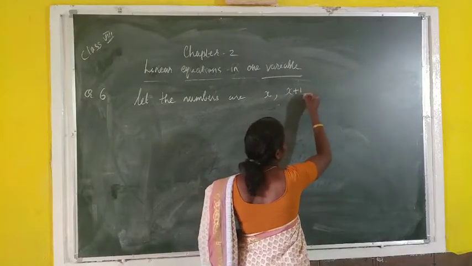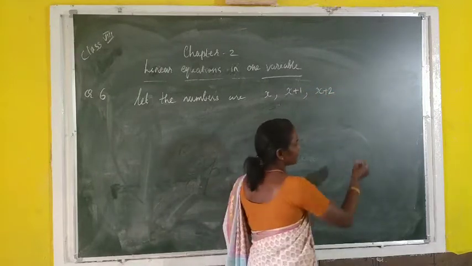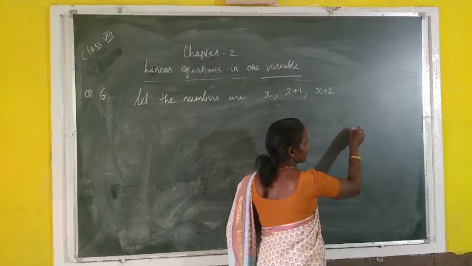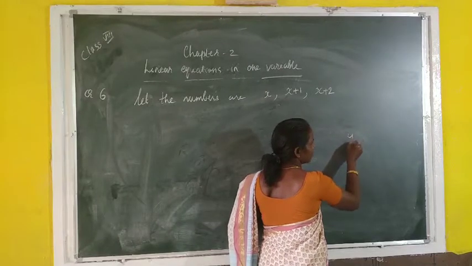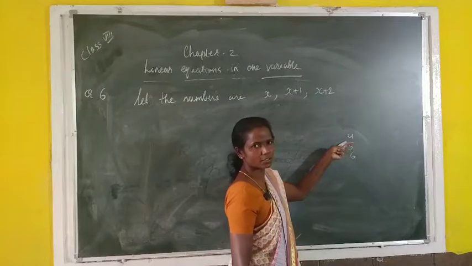Then third number x plus 2. Here look, nearest numbers we can take 4, 5, 6. These 4, 5, 6 are 3 consecutive numbers.